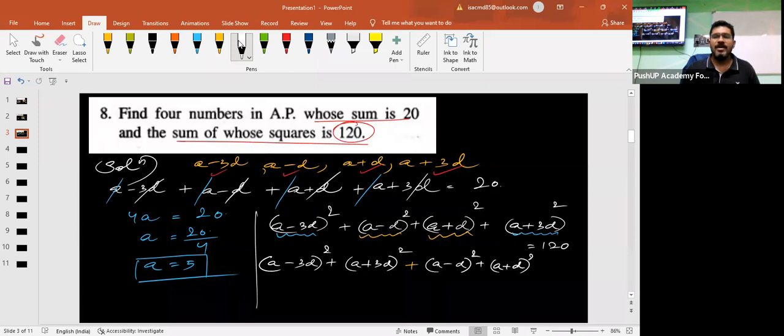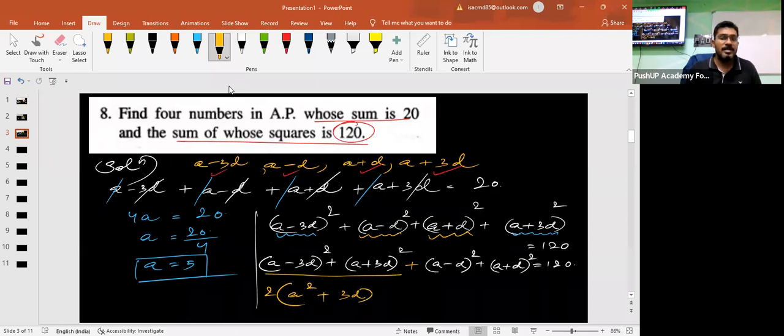Can somebody tell me why I did this? The yesterday's formula, isn't it? And right now we used the formula once again. So what is (A minus 3D) the whole square plus (A plus 3D) the whole square? It is 2 times (A square plus (3D) the whole square), isn't it? It's not 3D square, it is (3D) the whole square.